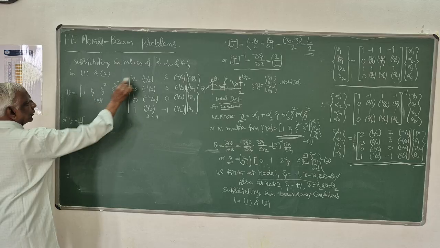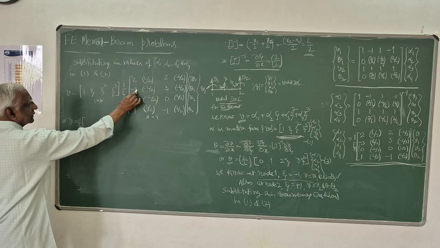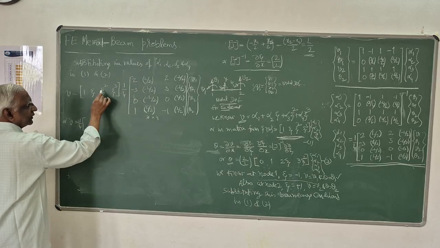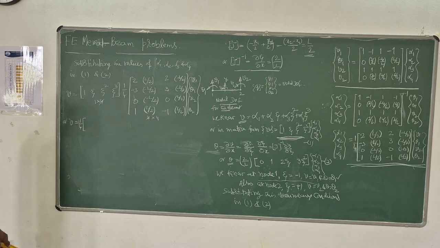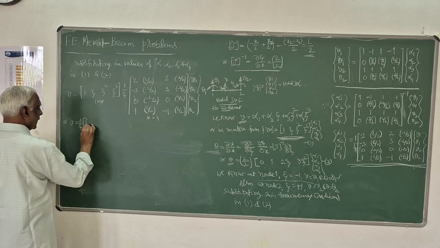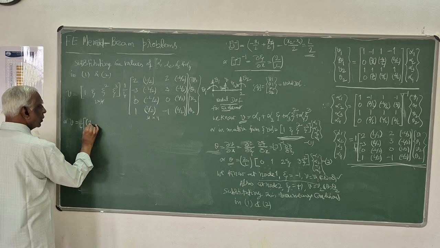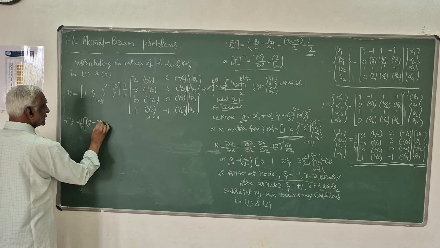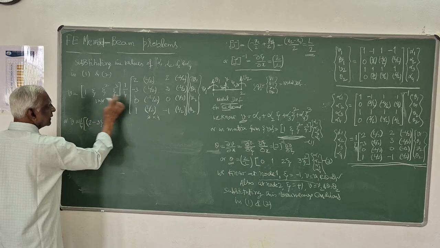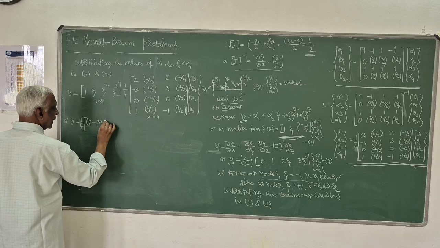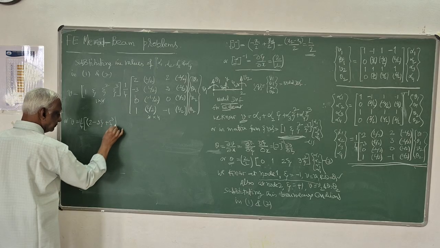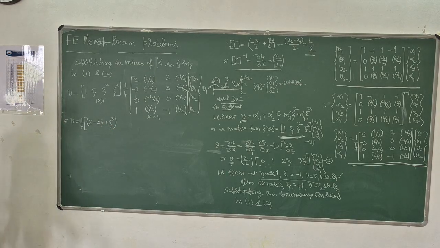Then 1 into 2, minus 3 into psi, square into 0, psi cube into 1. So that is nothing but 2 minus 3 psi plus psi cube. First one.